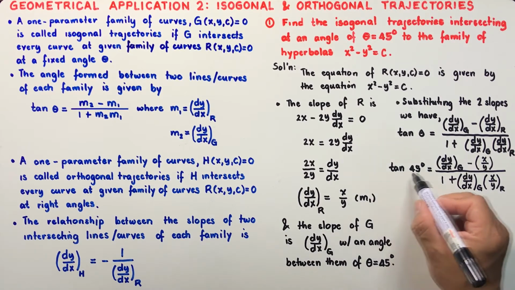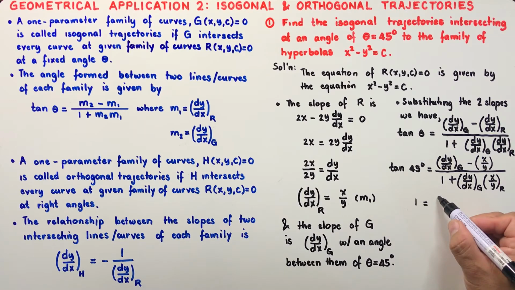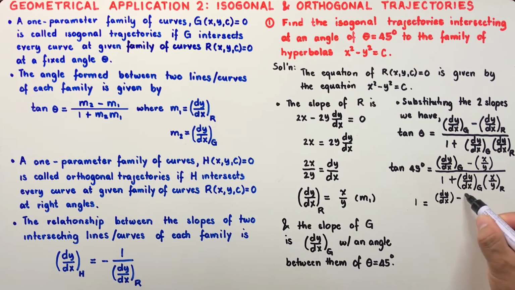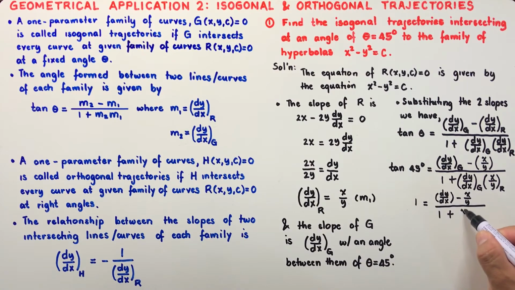Then we know that tangent 45 is 1, so 1 equals dy/dx minus x over y, divided by 1 plus x over y times dy/dx.